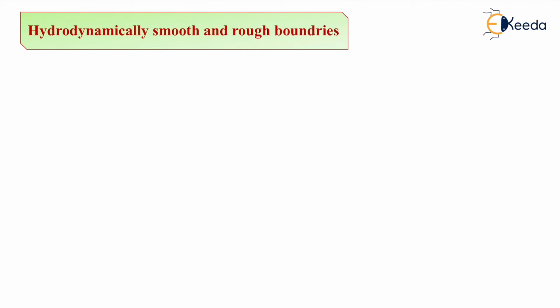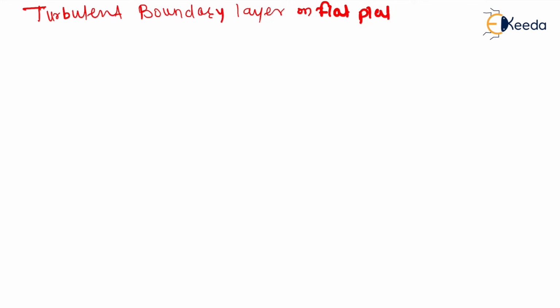We will start with hydrodynamically smooth and rough boundaries, but before that we should know some facts, some results obtained by some scientists. So we will start with the turbulent boundary layer on a flat plate.